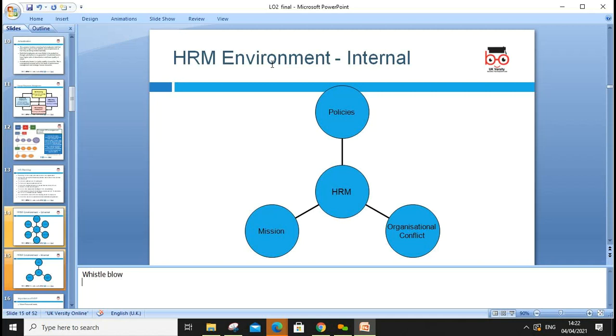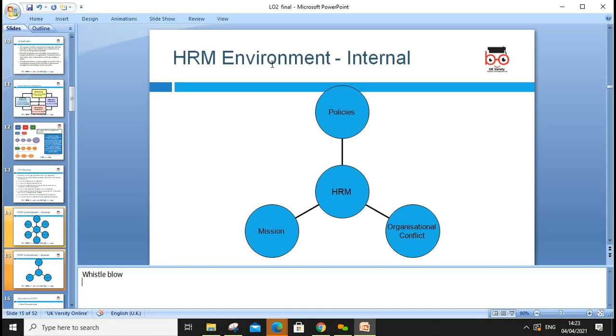Okay. Whistleblower means that within our organization, malpractices are happening. Somebody is stealing money. A director, or people are unfairly treated. So we have a separate department where we can raise and report the malpractices really happening in our organization.